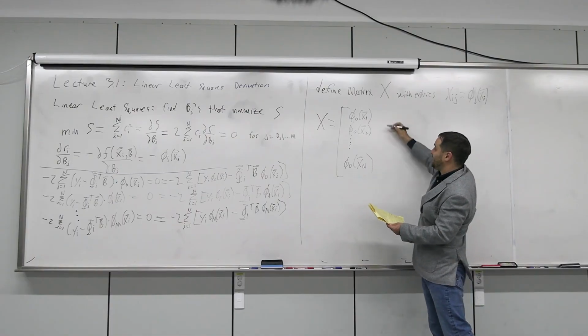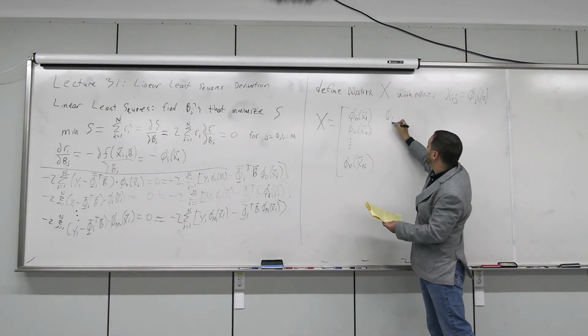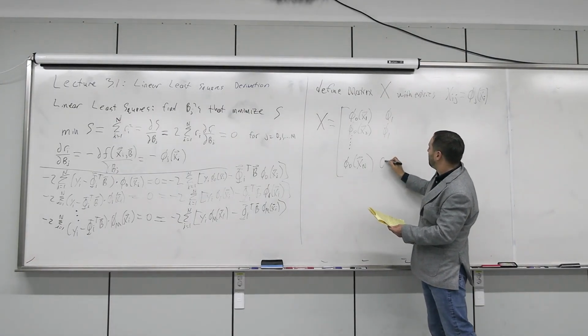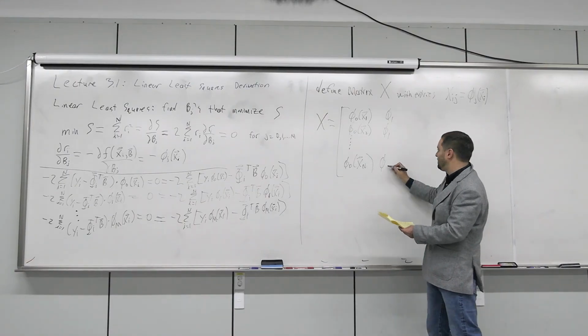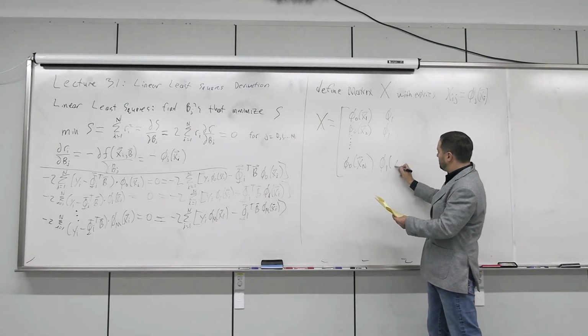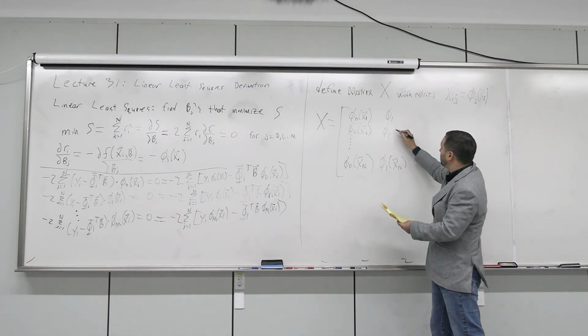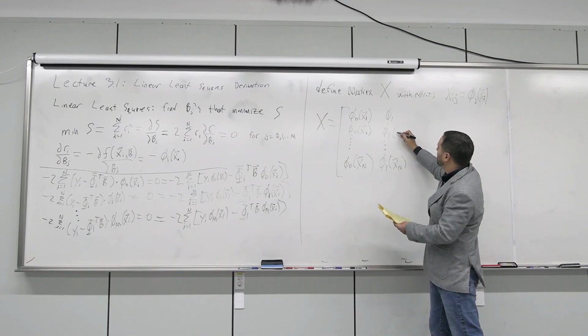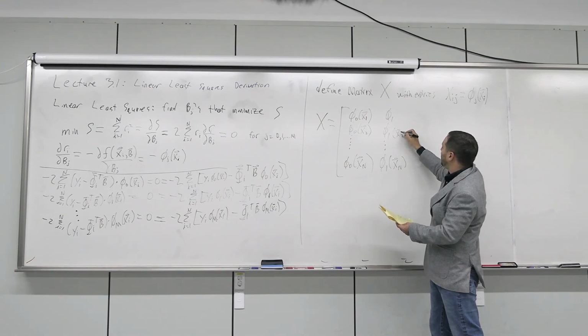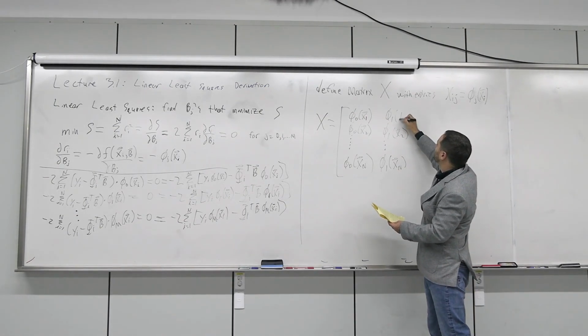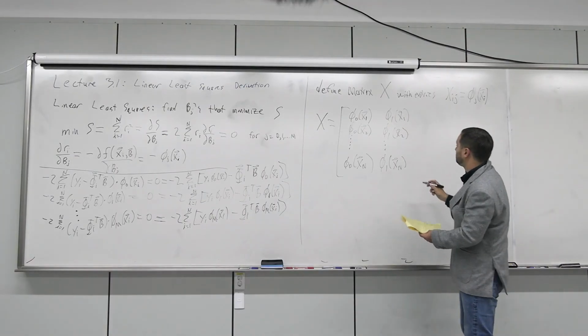And then our second column would be phi 1, data points x1, x2, and so on.